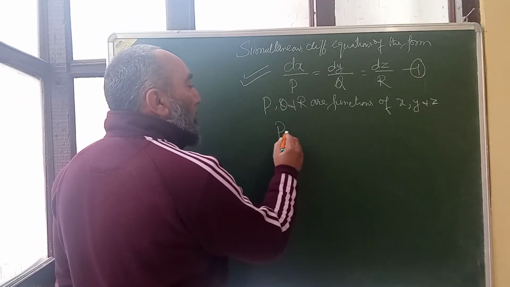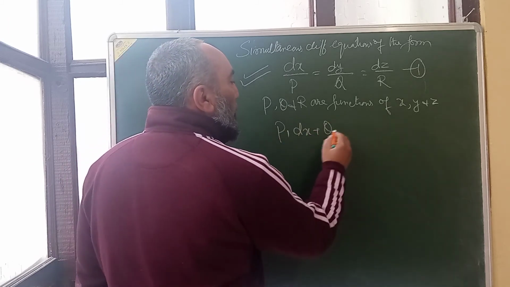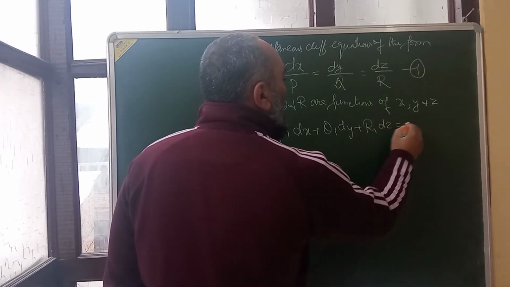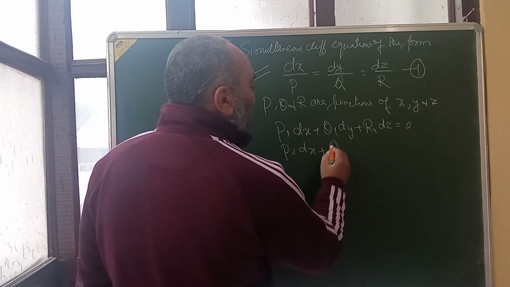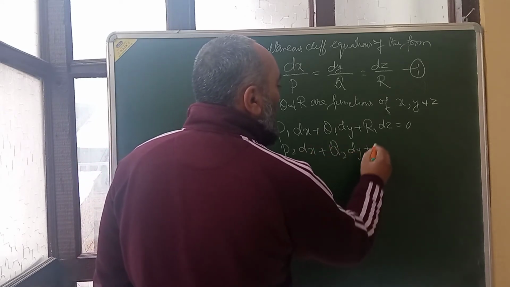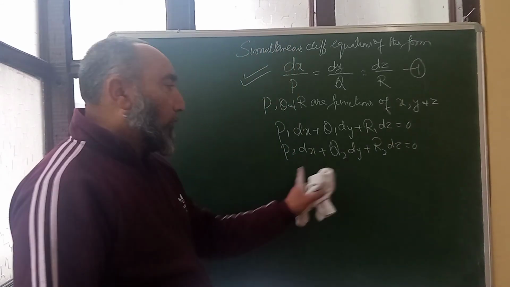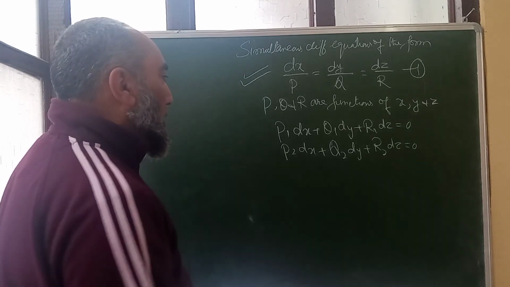If you have two differential equations, P1 dx plus Q1 dy plus R1 dz equals 0, P2 dx plus Q2 dy plus R2 dz equals 0. These are two differential equations, just like simultaneous differential equations.